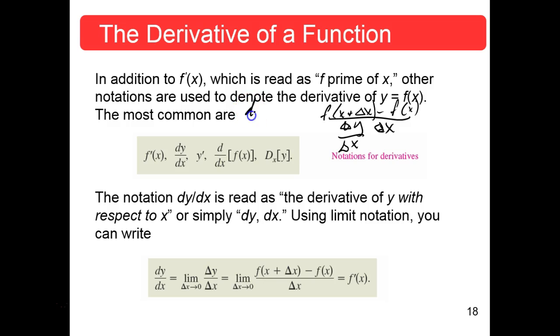Other times you just say df dx, where f is a function of x, but remember f of x is y. So these are the same forms. Oh, I skipped one. We can sometimes call it y prime, because just like this is df dx, this is dy dx, that's f prime, this is y prime. So we use these different notations to mean the same thing.